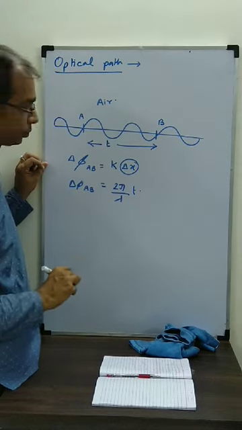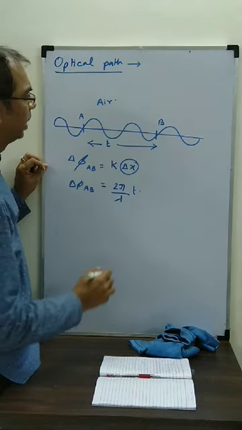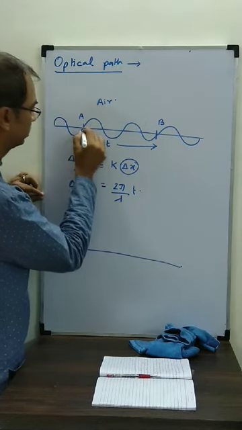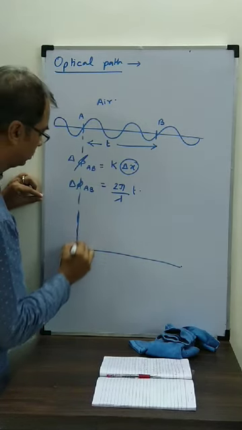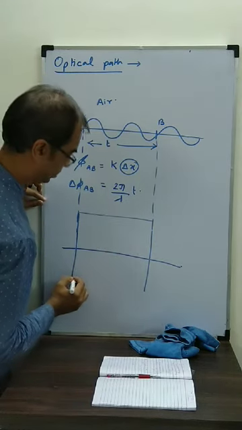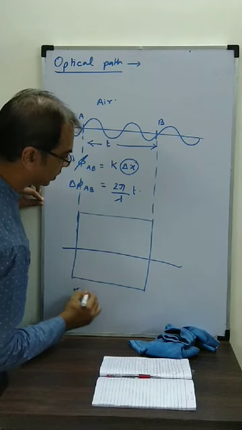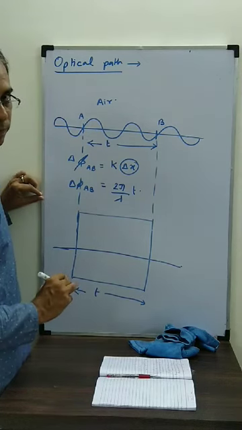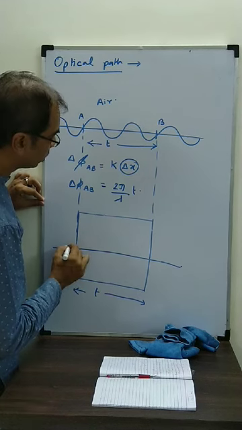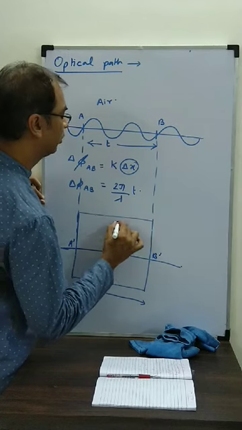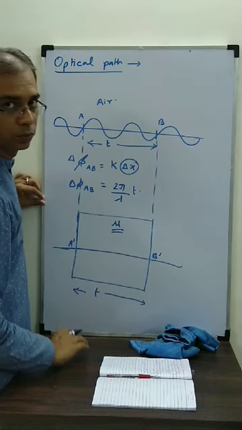Correct? Now if the same wave passes through a medium, a slab, you can say a glass slab, of thickness t. In this one, I take 2 points, A dash and B dash, and its coefficient of refractive index is considered as mu.